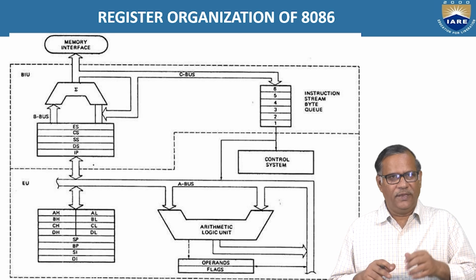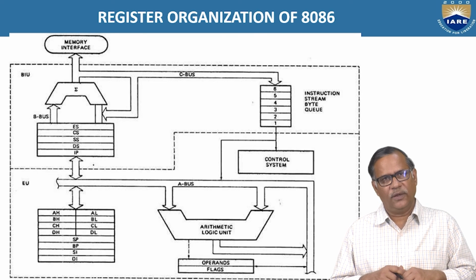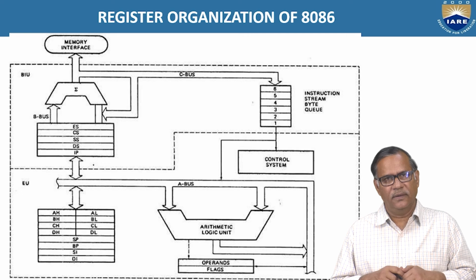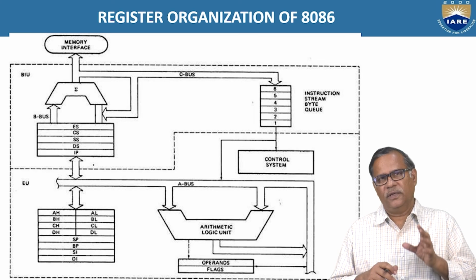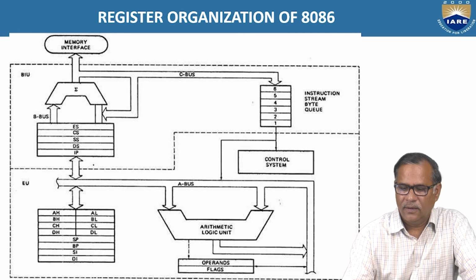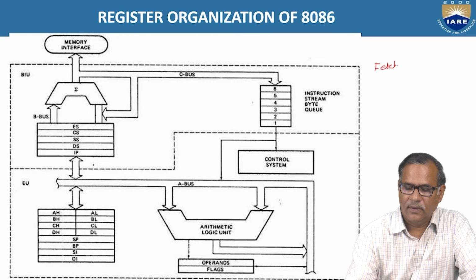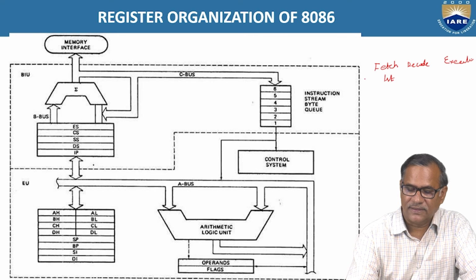So to have effective utilization of the microprocessor, pipelining is included. So in pipelining, what happens? So this is fetch, decode, execute. The first instruction is fetched in the first cycle.